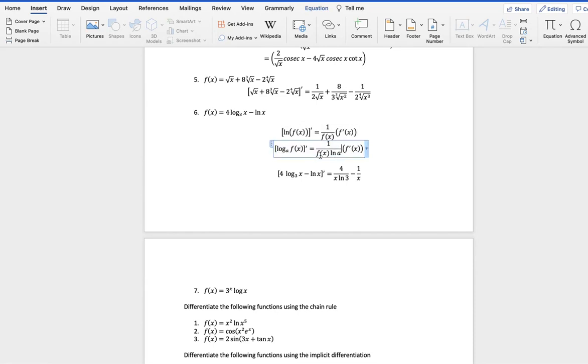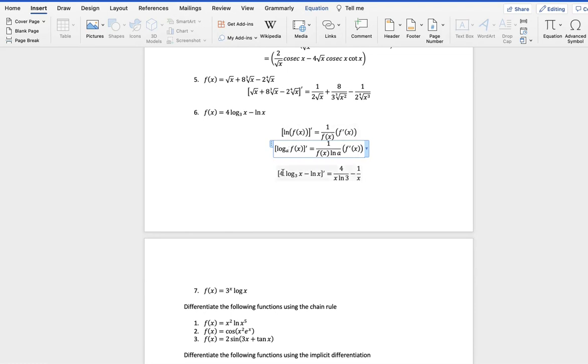It says that when you have the logarithm of a function f of x to some base a, you take 1 over f of x multiplied by the ln of a, and then this whole thing multiplied by the derivative of f of x.